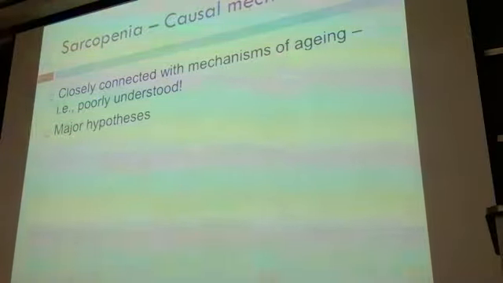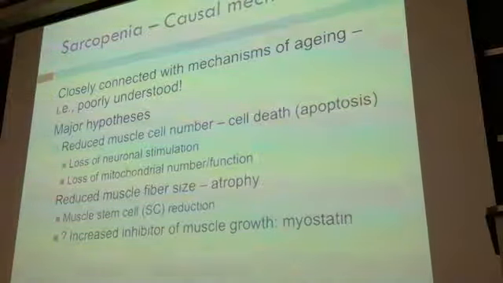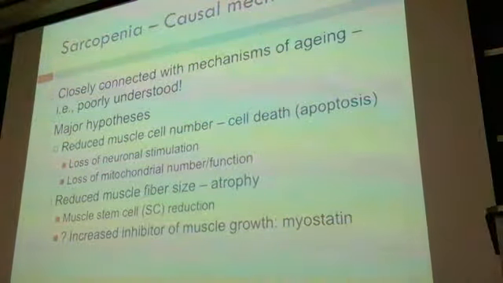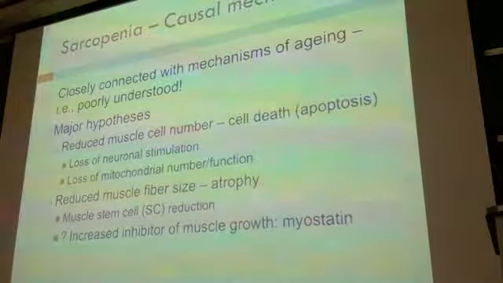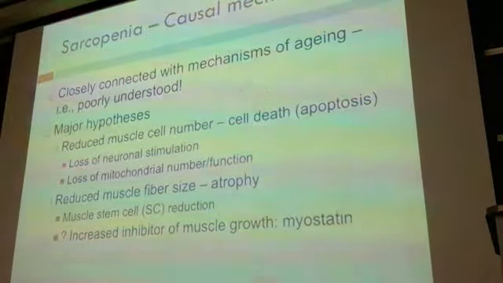But there are some reasonably plausible hypotheses that could explain both the loss of muscle cell number due to cell death, as well as the reduction in muscle fiber size. So these two parameters together, which influence the total amount of muscle and its function, are the number of muscle cells in the fibrils, and then the fiber size itself.